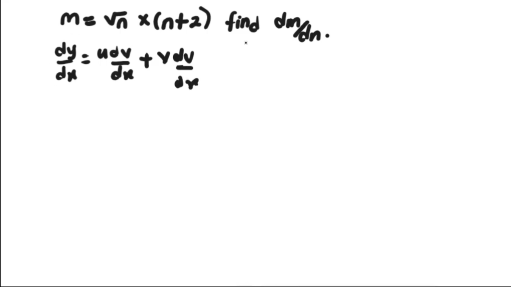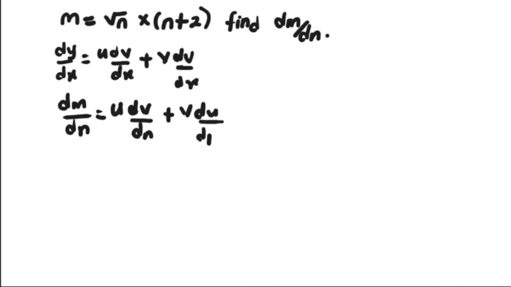If we are defining this formula in terms of m and n now, it means that dm/dn will be equal to u dv/dn plus v du/dn. What I did here is that anywhere I see y, I'm changing it to m, and anywhere I see x, I changed it to n. So this is what the product formula will turn to for this question.